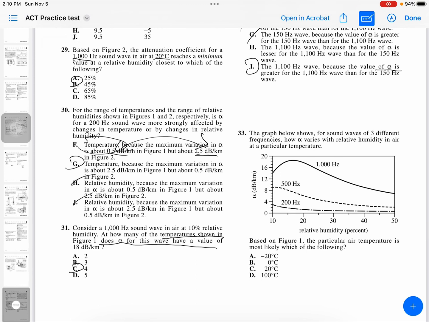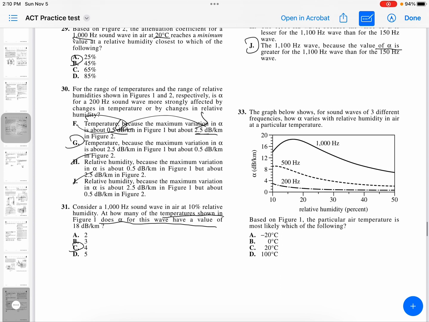Wow. The graph below shows sound waves for 3 different frequencies, how alpha varies with relative humidity in the air temperature. Based on figure 1, the particular air temperature is most likely which of the following?